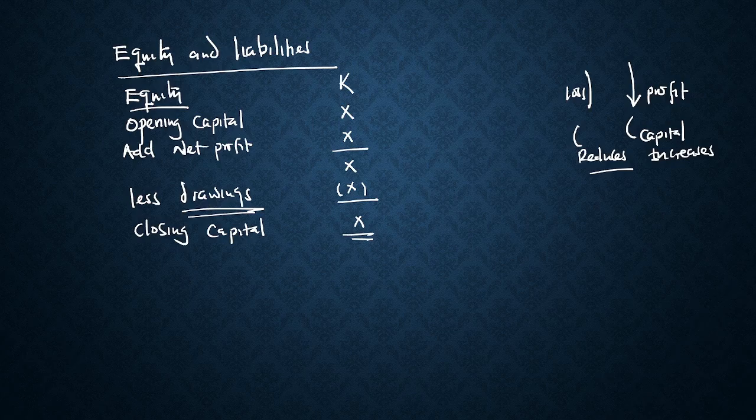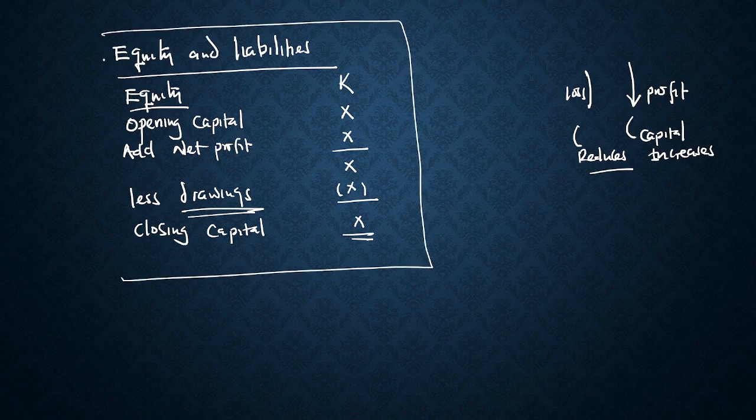It gives us your closing capital. I've been seeing this question mostly; I think even in your test one it was there. Here it was opening net asset. Before you add your net profit, you can also add your capital introduced if there is any.